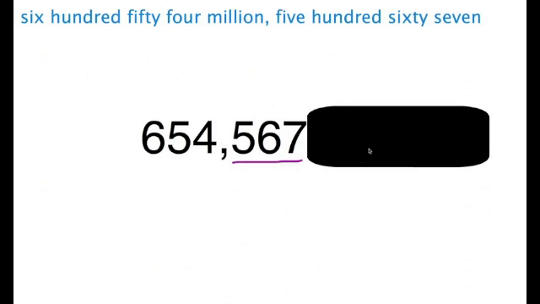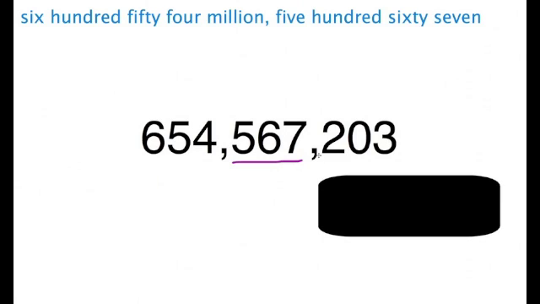Uncover a little bit more of the number and I find the other comma. And I can remember that the first comma reading from right to left says thousand. So I'm going to go ahead and add that to my word form. Comma. And then I'm left reading the rest of the number.